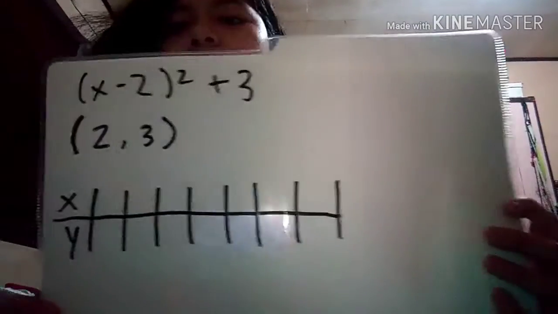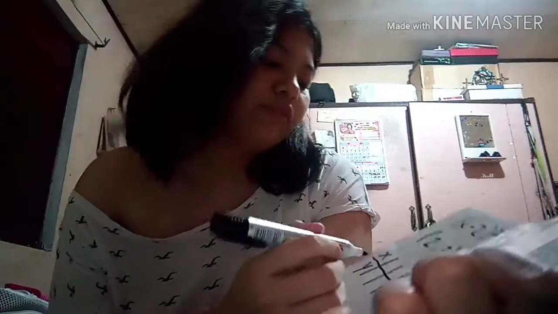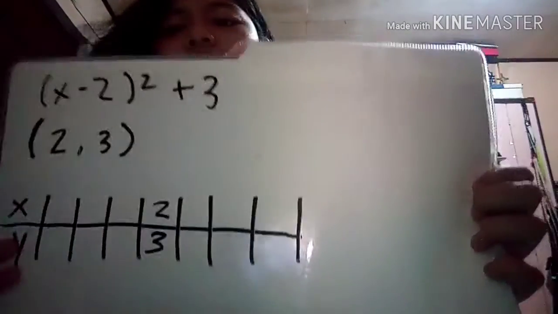So now I got 7 boxes here. Now in the 4th box, that's where I'm going to put my 2 and 3. So of course top 2, bottom 3.